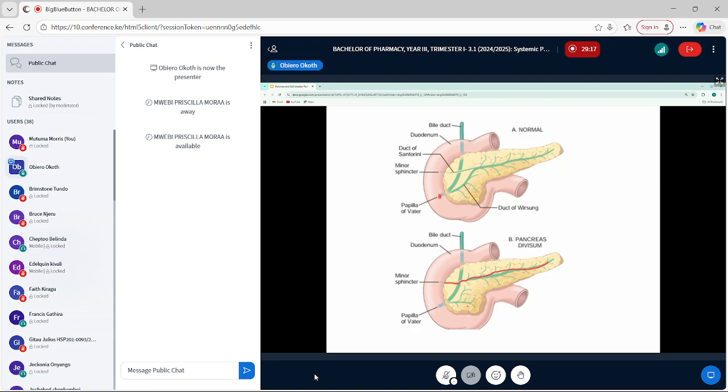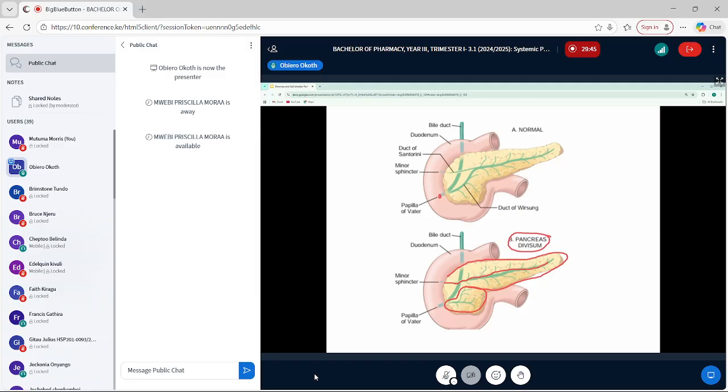And this minor duct, as you can see, is only serving a small portion of it. The rest is left to use the minor sphincter, so it is not being well served. That is pancreas divisum. This is the most common anomaly that we see in the pancreas.